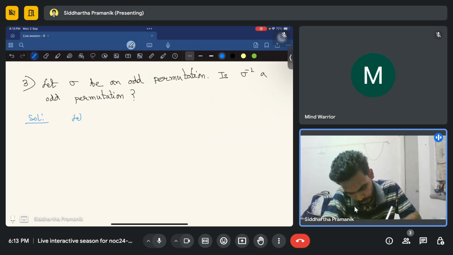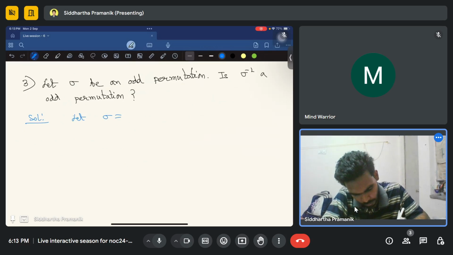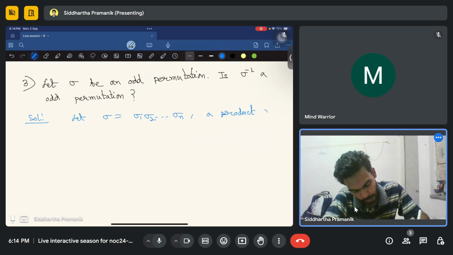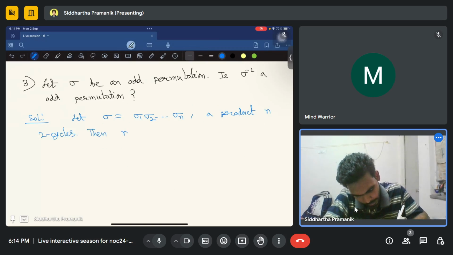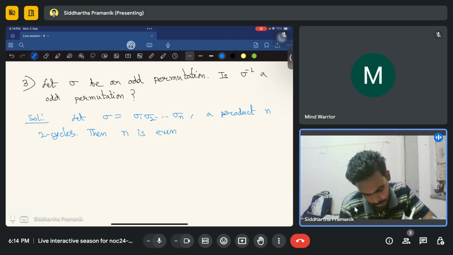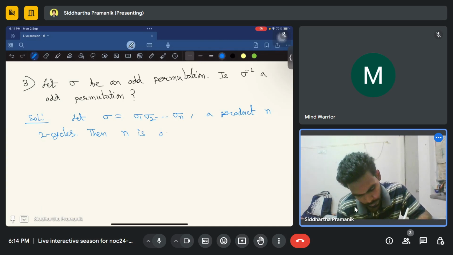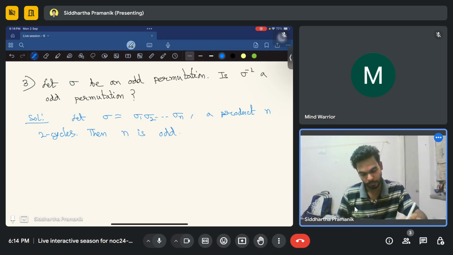So let sigma equal, let's say, sigma 1, sigma 2 up to sigma n, a product of n two cycles. So then n should be odd, because sigma is an odd permutation.